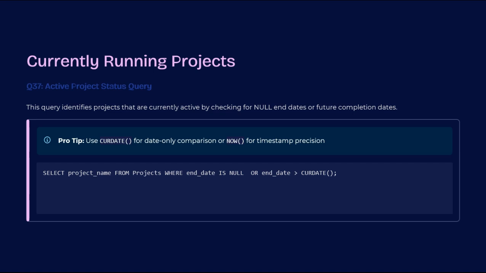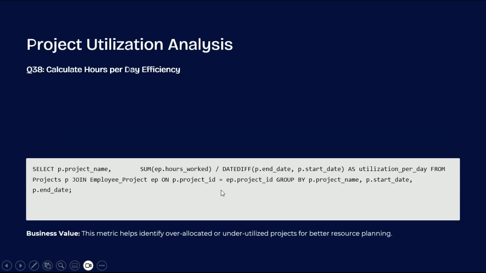This query identifies projects that are currently active by checking for null end dates or future completion dates. Pro tip: use CURDATE for date-only comparison or NOW for timestamp precision. Select project_name from projects where end_date is null or end_date greater than current date.